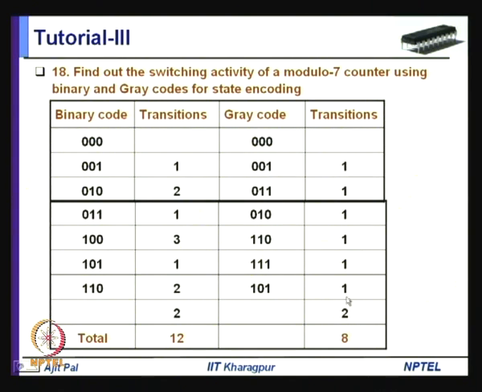So, 6 single bit changes will occur. However, whenever it goes from state 7 to state 1, so 101 to 000, there will be 2 bit changes. So, the total number of transitions is 8. You can see how the switching activity changes in the modulo 7 counter for the 2 cases, binary code and gray code. Okay.